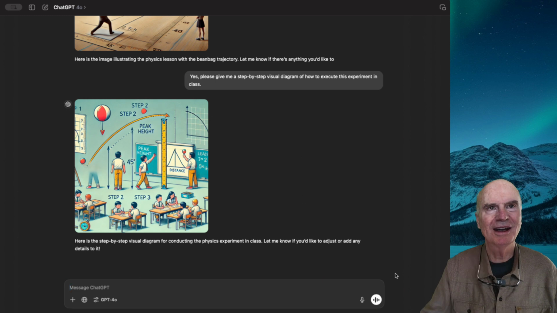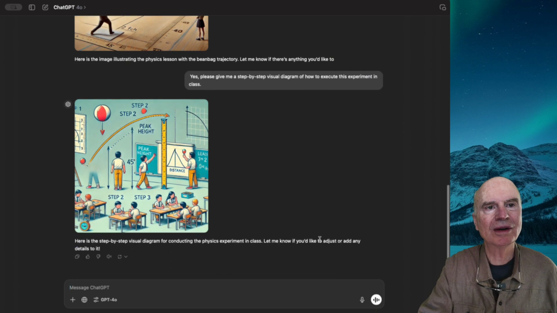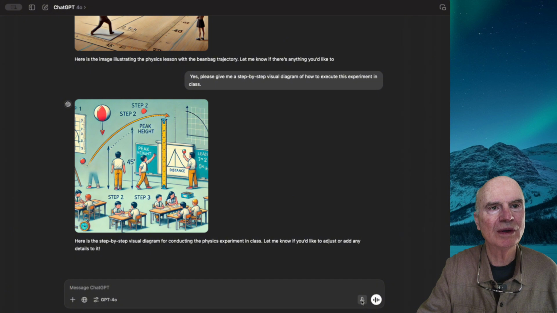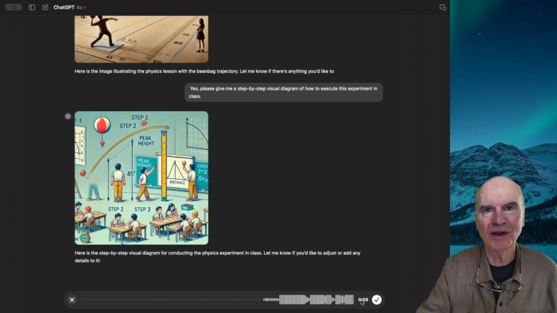I don't know. I think I like the first image better than the second one. So I'm going to say, remove the students sitting at tables and just focus on the dynamics of the ball in flight.